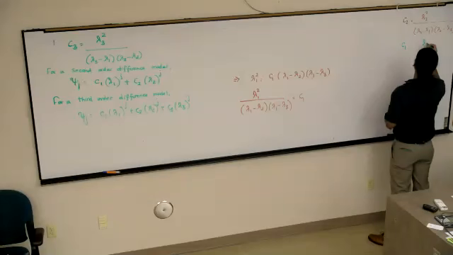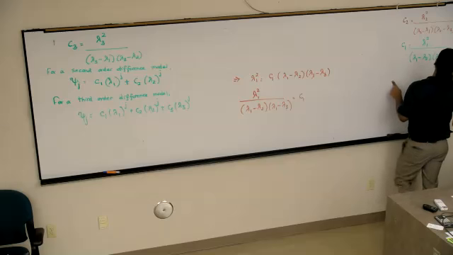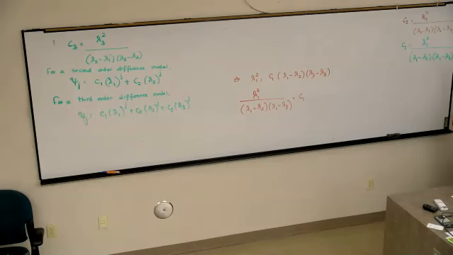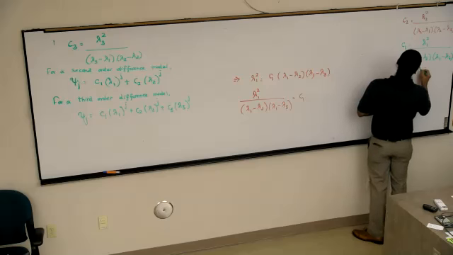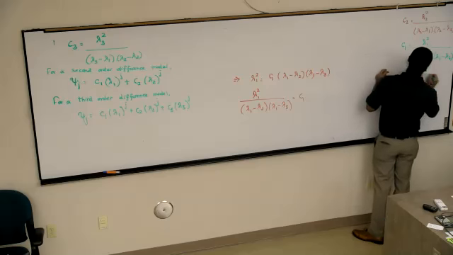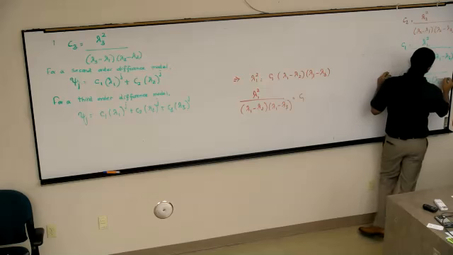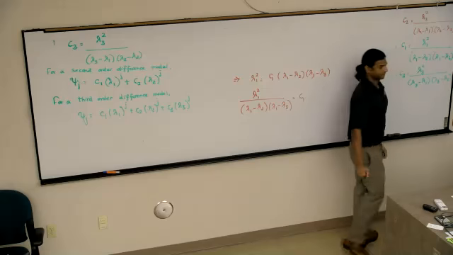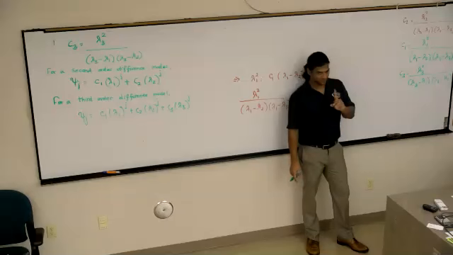C1 would be lambda 1 squared divided by lambda 1 minus lambda 2, lambda 1 minus lambda 3. And C3 would be lambda 3 squared divided by lambda 3 minus lambda 1, lambda 3 minus lambda 2. Good. So there is a nice pattern that is evolving.